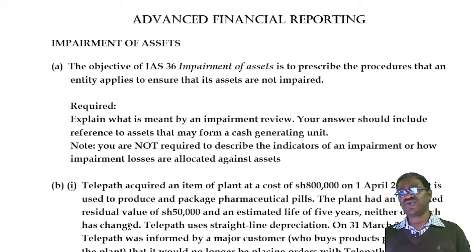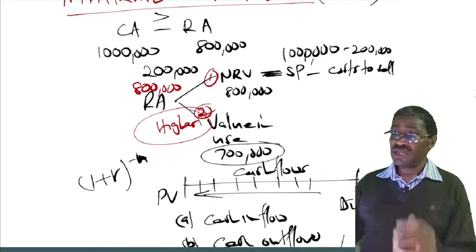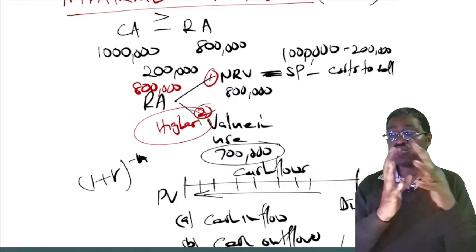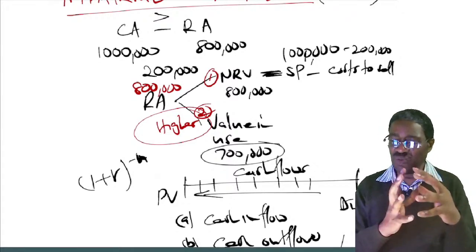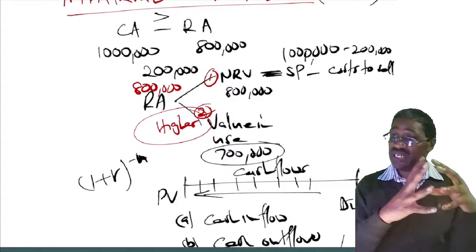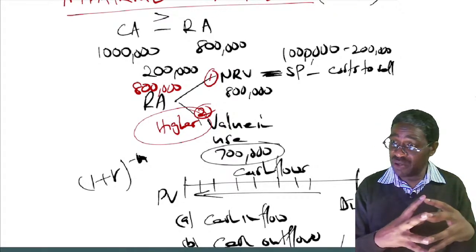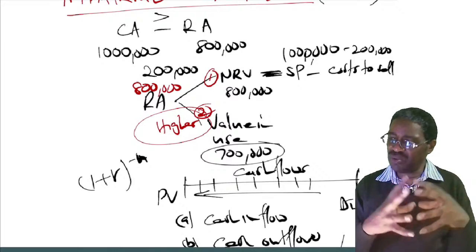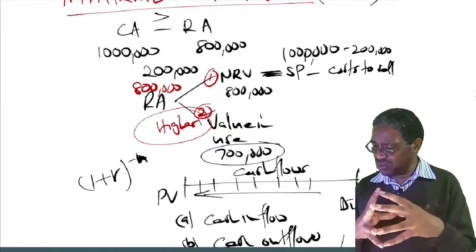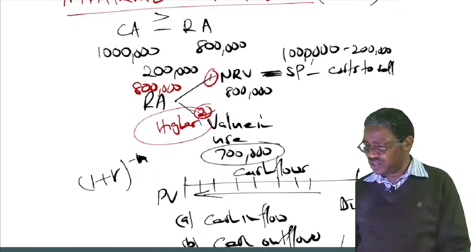What they're asking you is, what is impairment review? Of course, we have already answered it. When you want to know whether your asset has suffered an impairment loss or not, you compare the carrying amount of your asset with its recoverable amount. We have said an asset is said to have suffered an impairment loss if the carrying amount of that asset is higher than its recoverable amount.